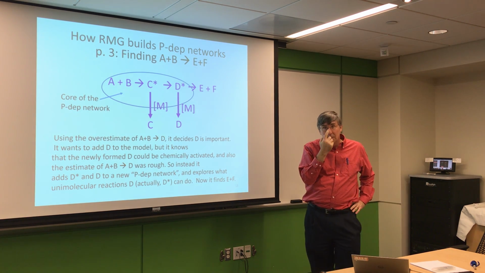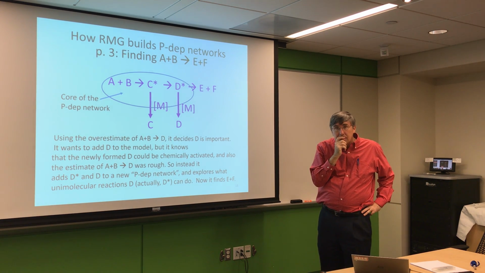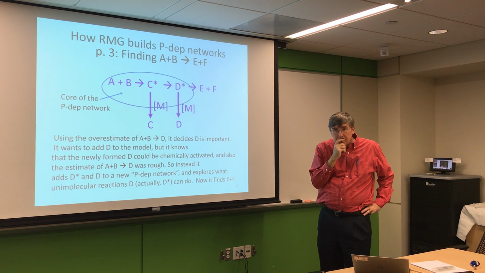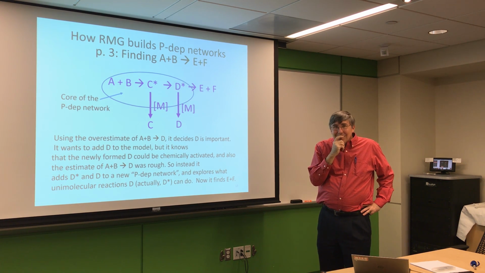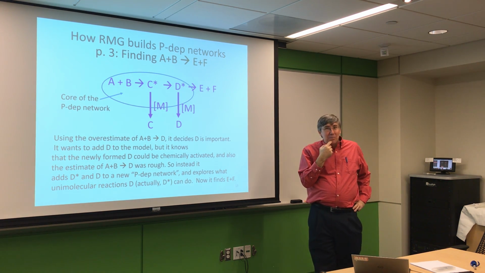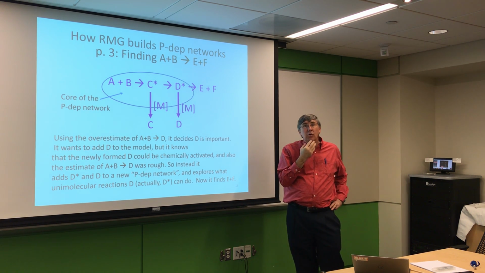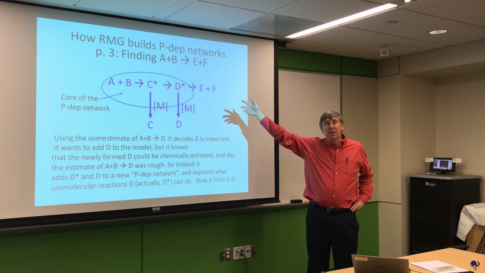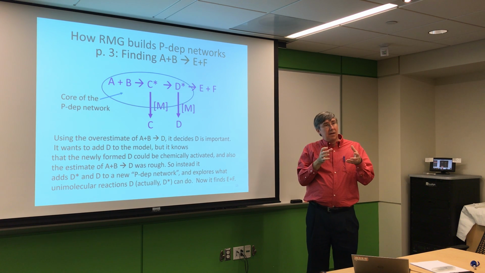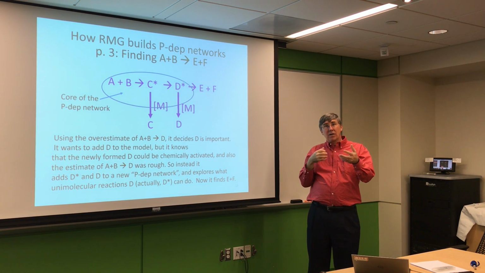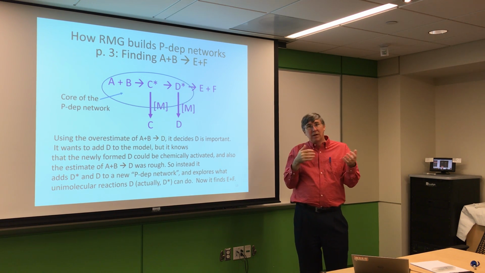When RMG finds these in the model, are they usually small, isolated networks, or are they interconnected and spanning the whole thing? They get pretty big. If you have big molecules in your system, they can do a lot of different reactions. You get many of these things, and particularly if you have a radical, often there'll be a dozen radicals that all have comparable energies.